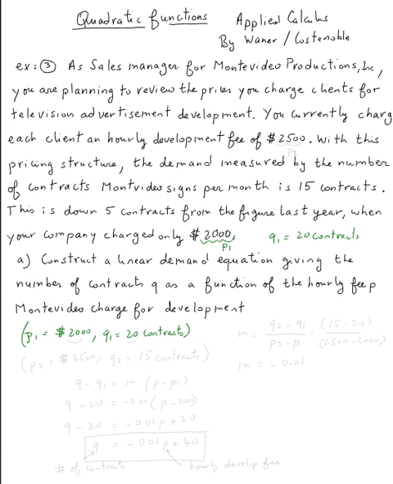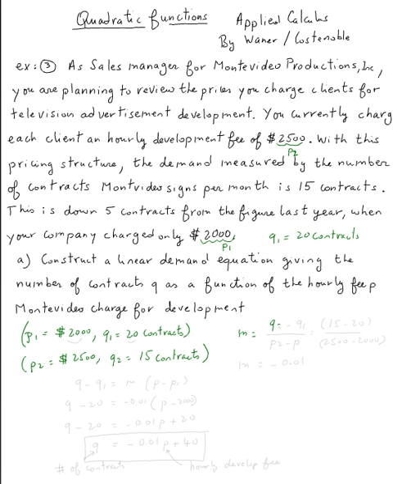And then when the price P2 is $2,500, Q2 is 15 contracts. Now we're supposed to find the demand equation. So like always, we start with the slope.